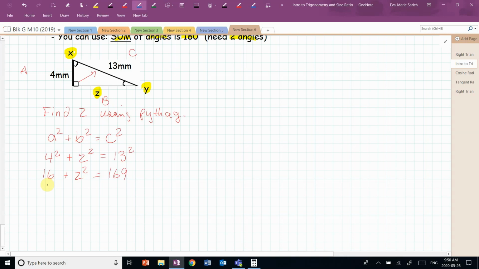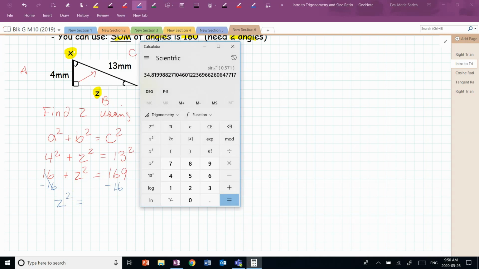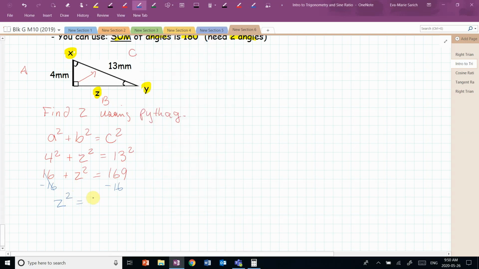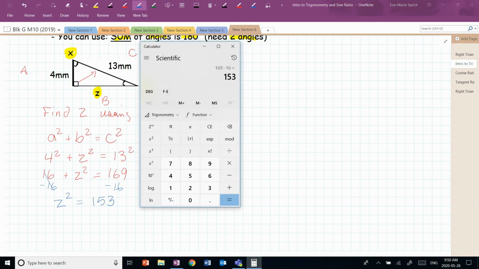So we're going to subtract 16 from both sides. And then Z squared is equal to 169 minus 16, which equals 153. And now what we're going to do is take the square root of 153. Now, what is the square root in this calculator?